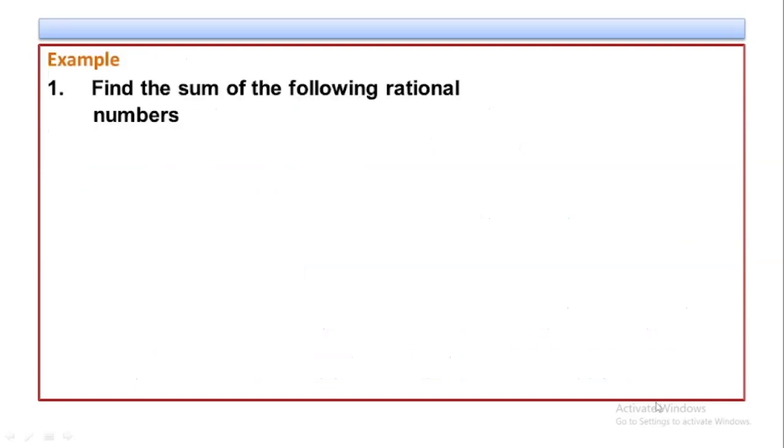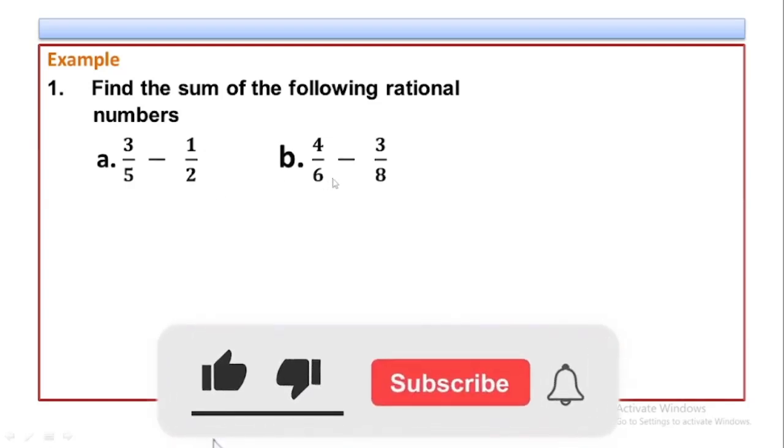For example, find the sum of the following rational numbers. It is not the sum, it is the difference of the following rational numbers. So just read it as difference, because we are discussing determining the difference of two fractions having different denominators.